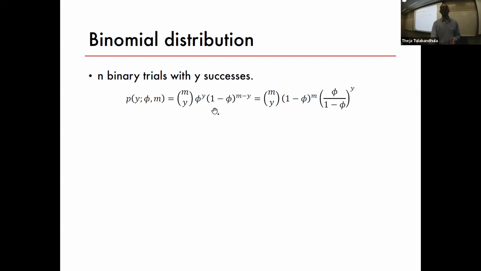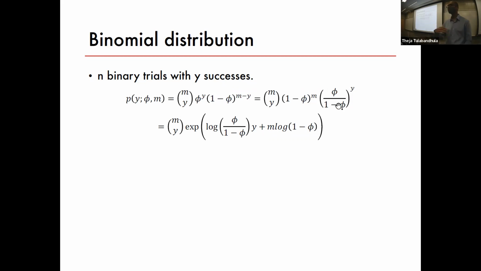Now again, what we want to show in this slide is that this is also an example of an exponential distribution. If you look at this expression, there's a term to the power y and a term to the power n minus y. So you can separate out the 1 minus p to the power n, and then you can have a term which only depends on y, and then again use the x log relation.